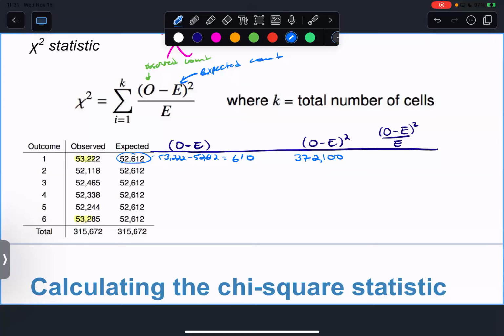And again, I'm going to fill in the final column right away by dividing this by the expected value, 52,612. So I get roughly 7.072530982.